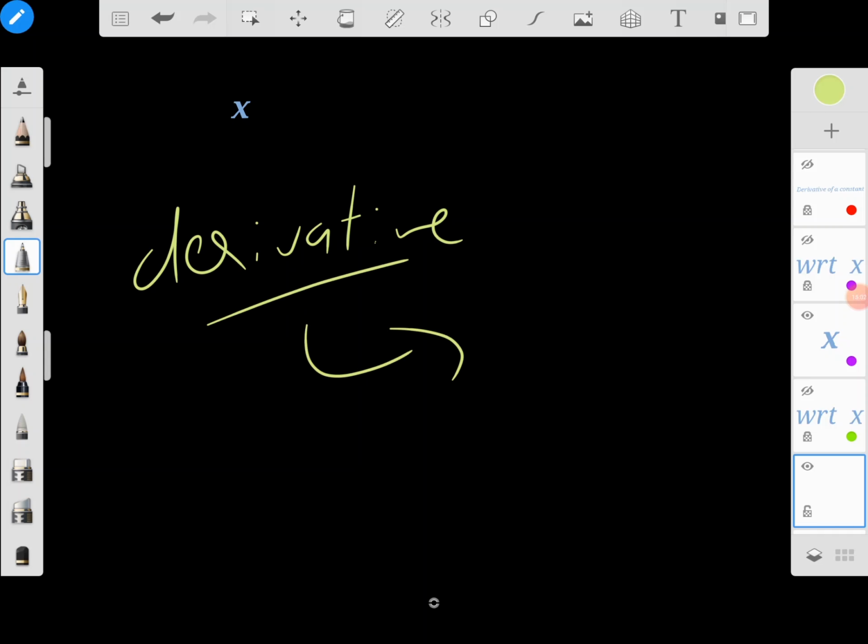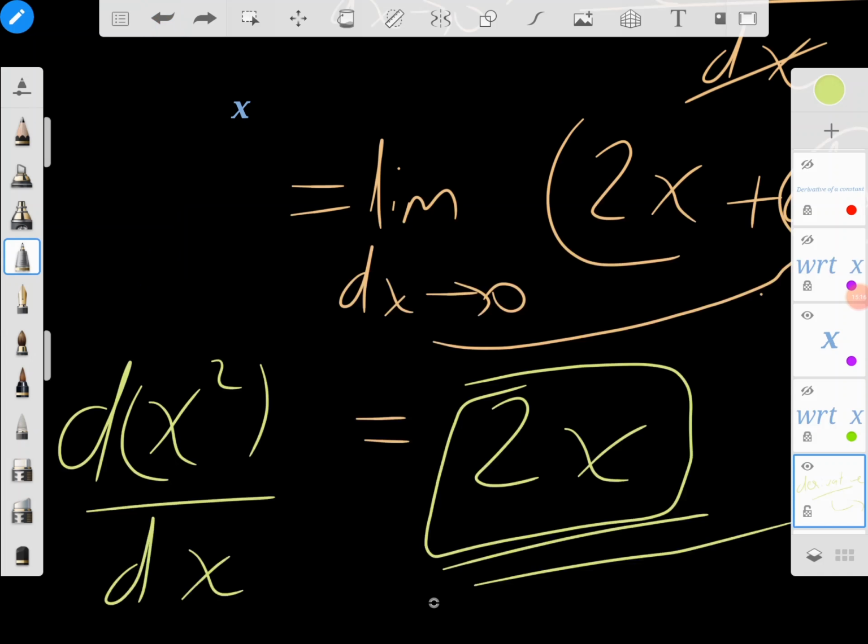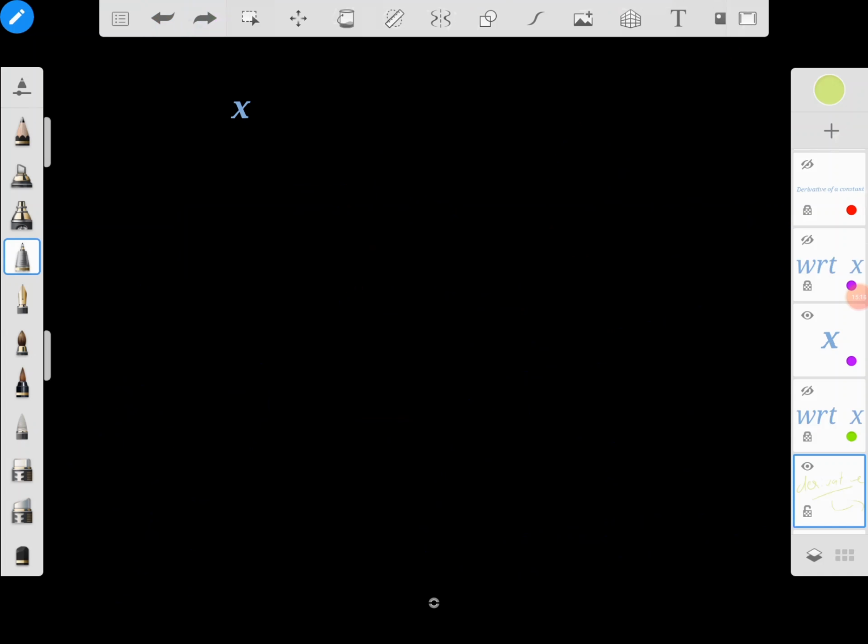The answer you get from differentiation is the derivative. I can say the differentiation of x, or the differential of x, or the derivative of x. They're basically the same thing. Okay, so find the derivative of x with respect to x.